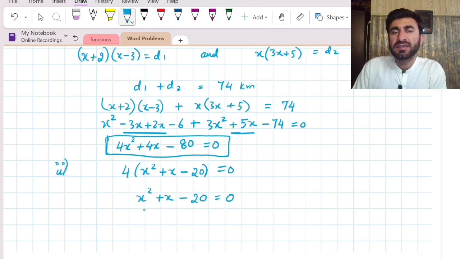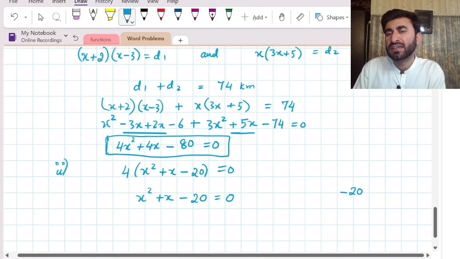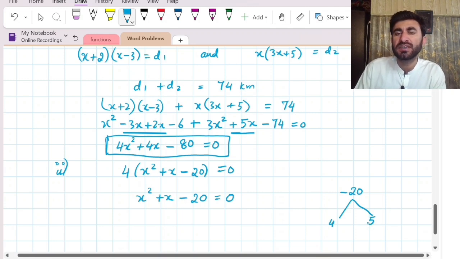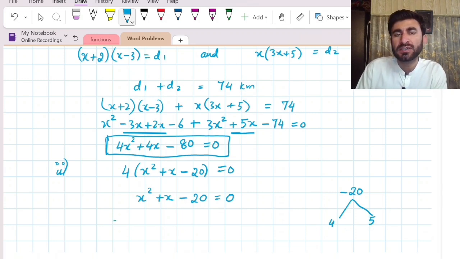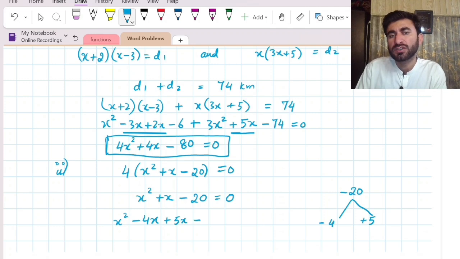As we can see here, the equation can be factorized, and the factors of negative 20 whose difference should be 1 are 4 and 5, because their product is 20 and their difference is 1, so it will become x square. Middle term being positive, the greater term will be kept positive and the smaller will be negative, so it should be minus 4x plus 5x minus 20 equals 0.